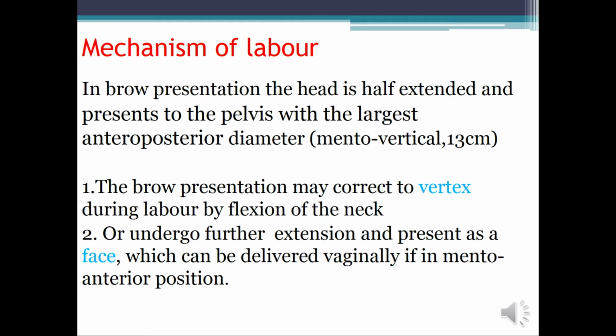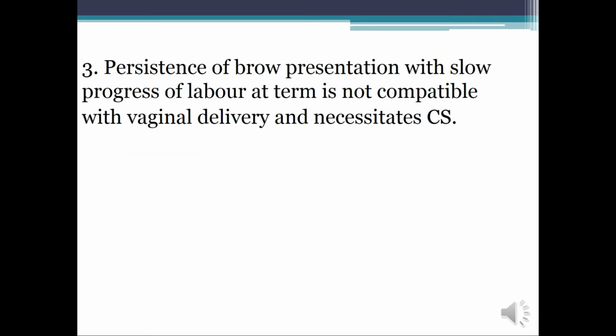So either vertex by flexion, or face by extension and mento-anterior. Persistence of a brow presentation with slow progress of labor at term is not compatible with vaginal delivery and necessitates cesarean section.